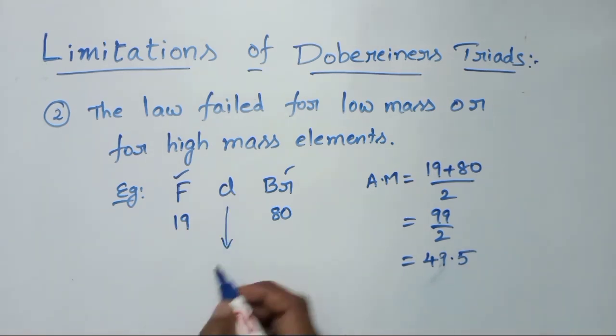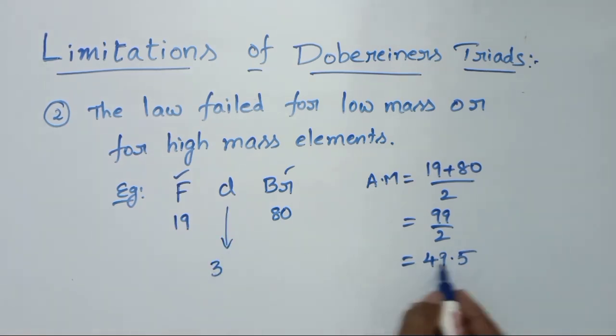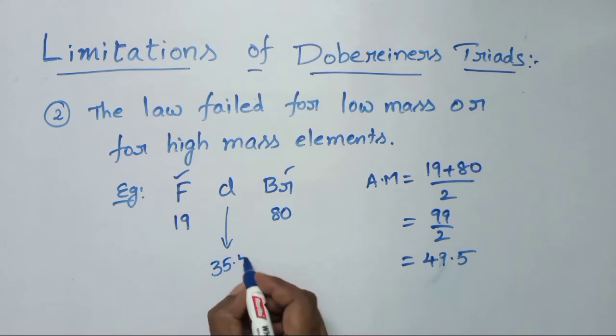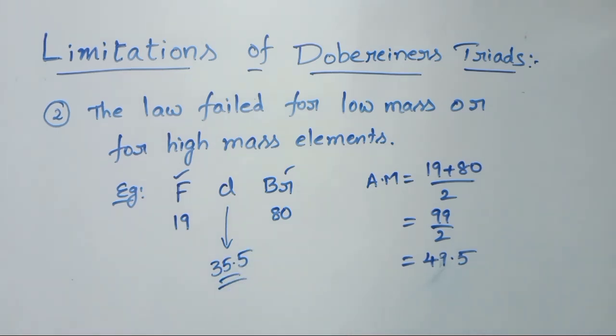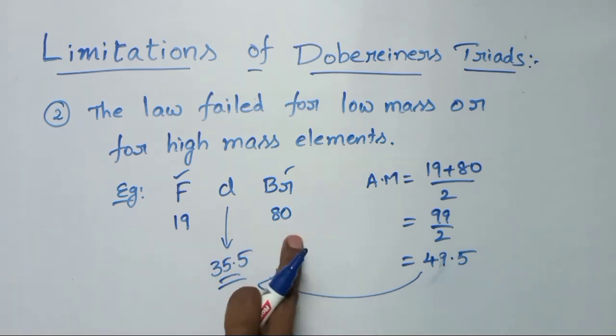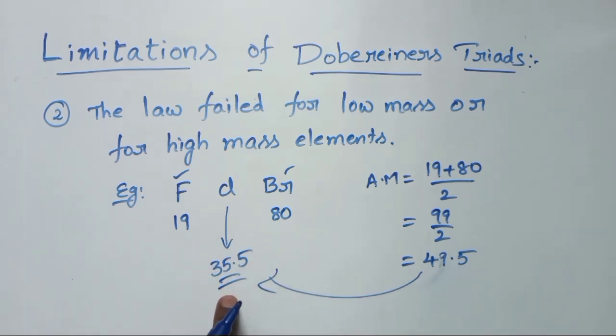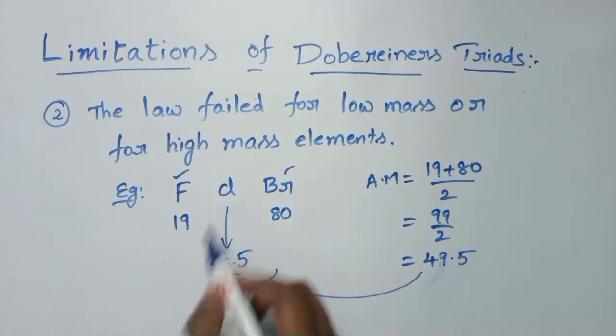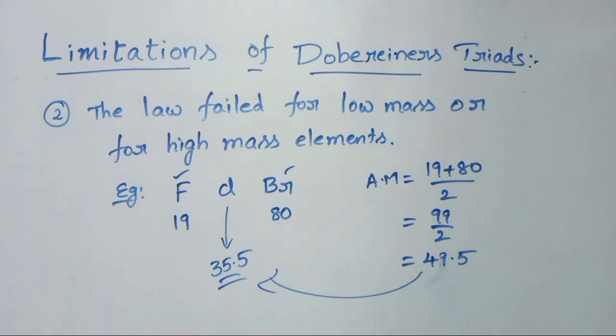But here the atomic weight of chlorine is not 49.5, it is 35.5 only. See here, there is a large difference between these two values. So for low mass and high mass, it is not possible to take the arithmetic mean of those elements to find the atomic mass of the middle element.